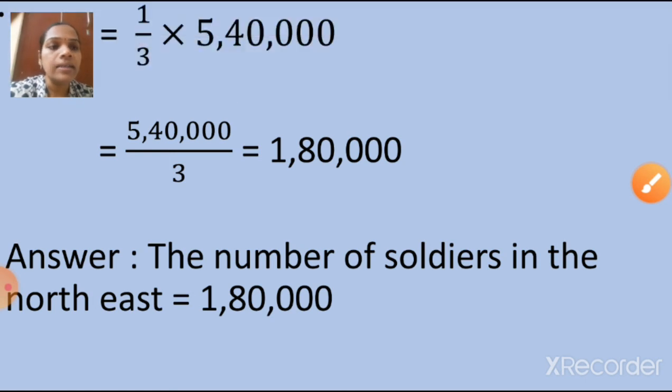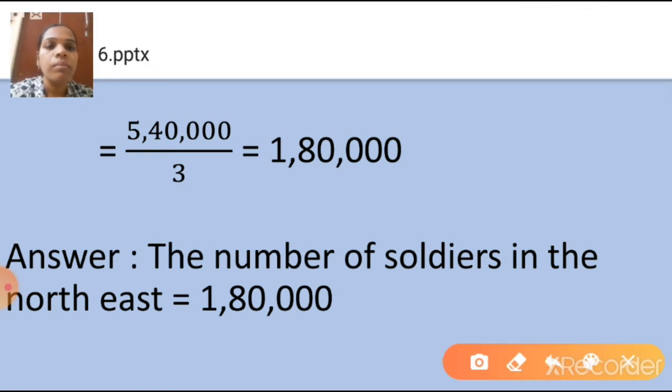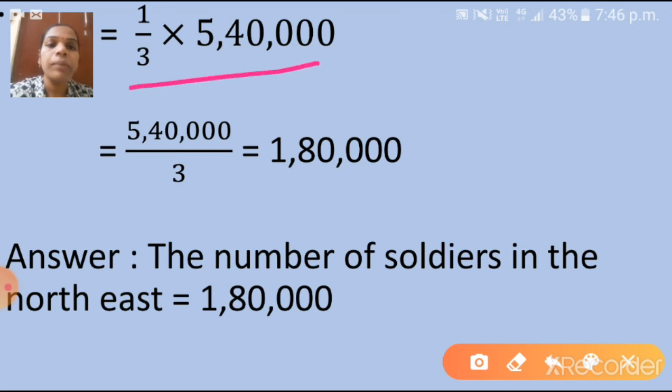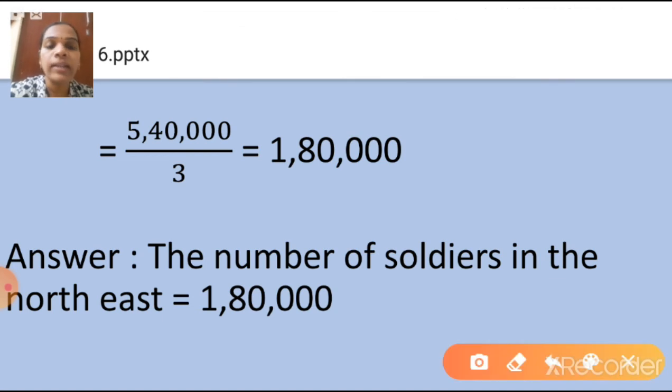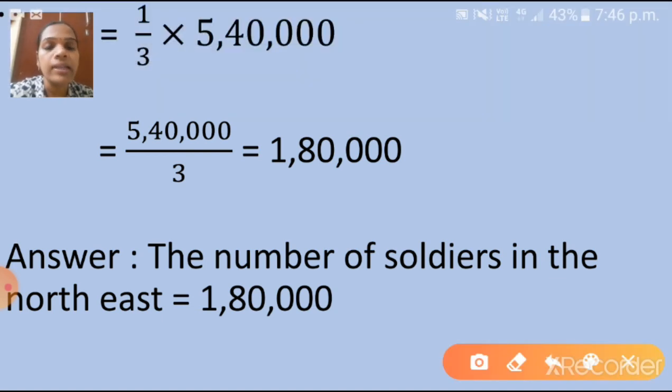So next, we have to multiply 1 upon 3 into 5,40,000. What is the numerator here? 1. That 1 into 5,40,000 is 5,40,000 only, upon the denominator. Here the denominator is 3, and for 5,40,000 there is no denominator, so 1 is the denominator.